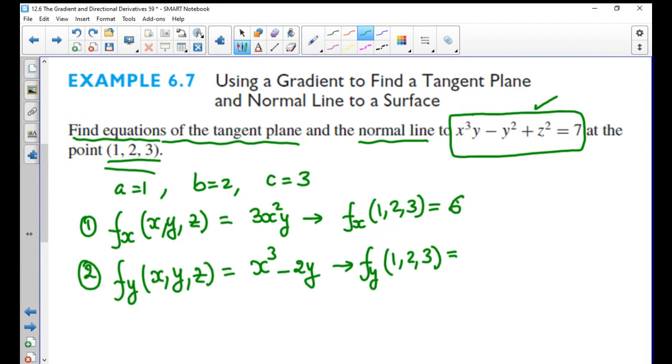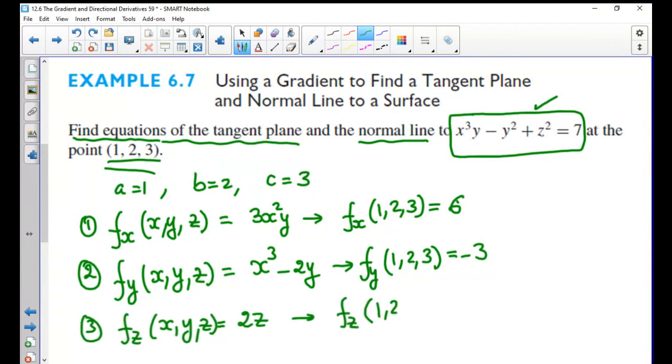So substitution, and this time minus 3. Thank you, Noor. Finally, number 3, I want fz of x, y, z. It's 2z. And therefore fz at 1, 2, 3 will be 6.